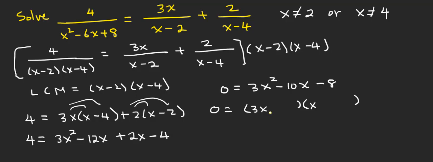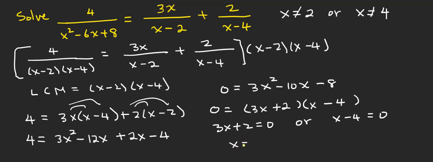So you end up getting 3x and x over here, negative 4 and then positive 2. So that should work. So we get 3x plus 2 equals 0, or x minus 4 equals 0. So therefore x is negative 2 over 3, or x equals 4.